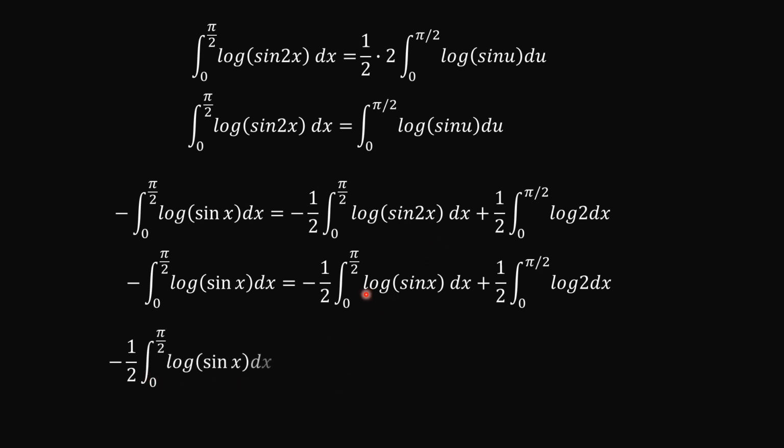And this cancels out. So we have negative a half integral of log sine x from 0 to pi over 2 equals the integral of a constant log 2 times a half, and the halves definitely cancel out, and then we can pull out this constant.